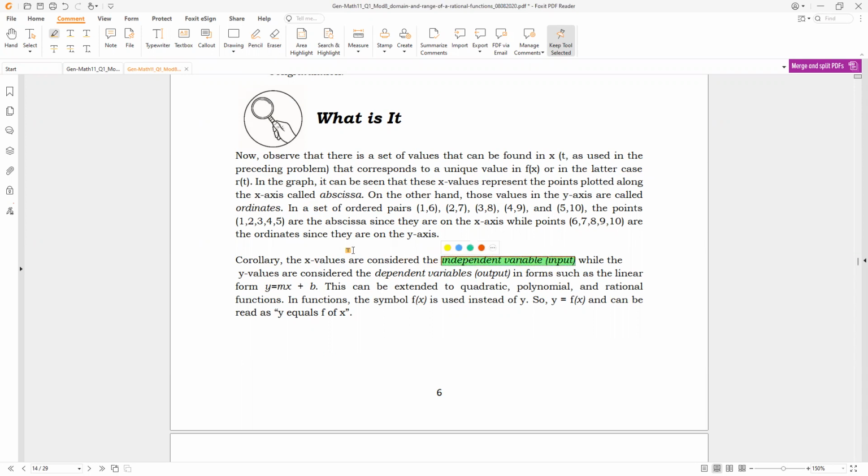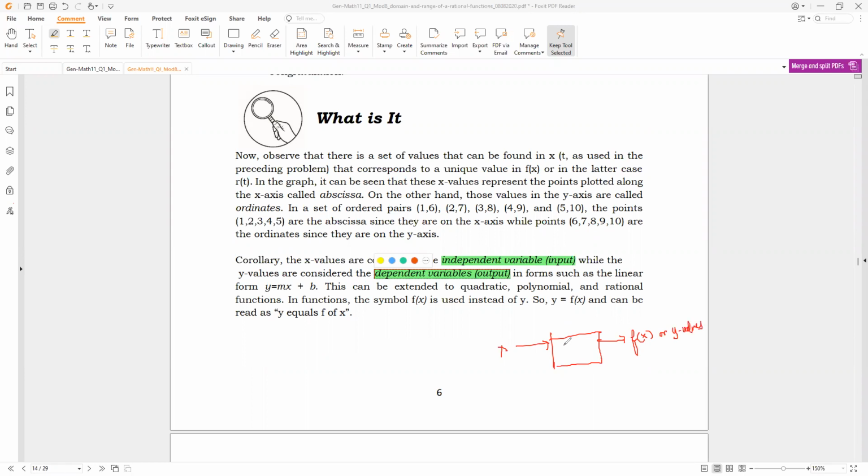And all the y values are considered the dependent variable or output. If you can still remember the function box, the input, which is x, goes into the function box, and out comes f of x, which can be expressed as the y values.